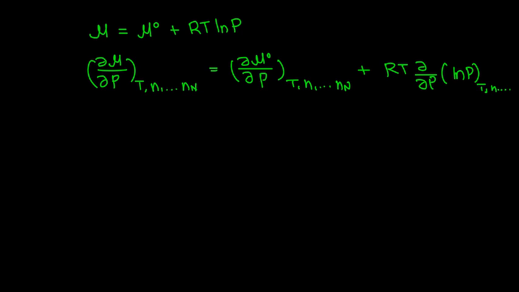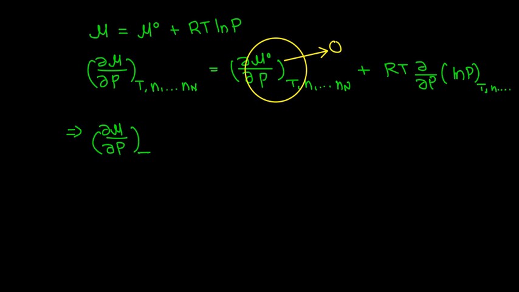But what about this quantity? This quantity simply is 0, because we have defined mu naught as a function of temperature only, and if you keep the temperature constant, this quantity must become 0. Therefore I have del mu by del P at constant T, N1 and capital N simply equal to RT by P. Does this look similar?